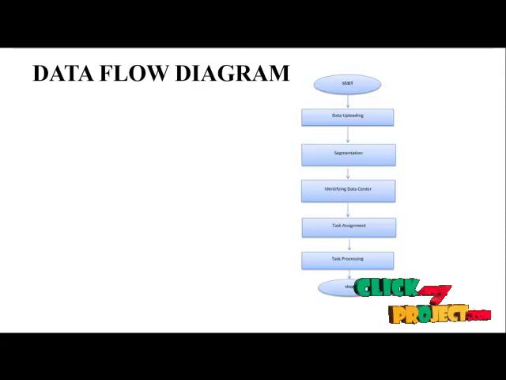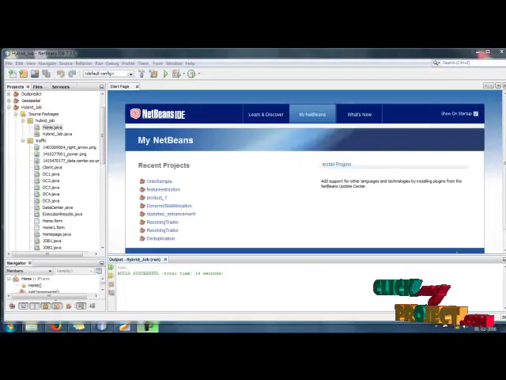Then we get the evaluation results, and then we show the performance results of that given set of tasks, which is divided into clusters with the jobs. Then close the program.